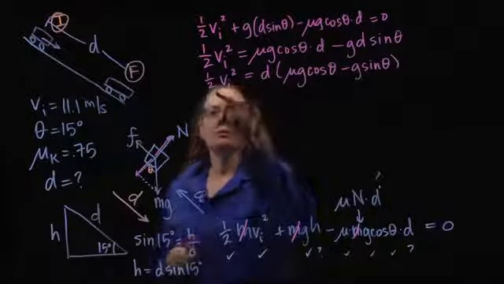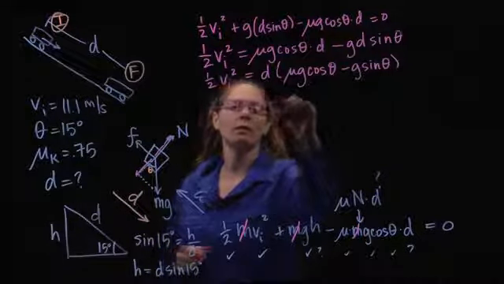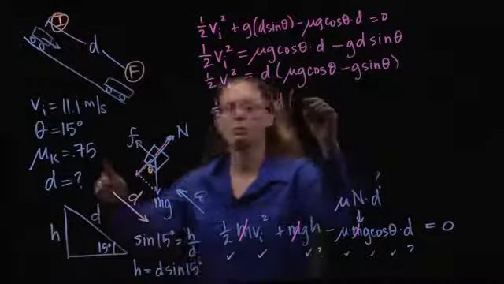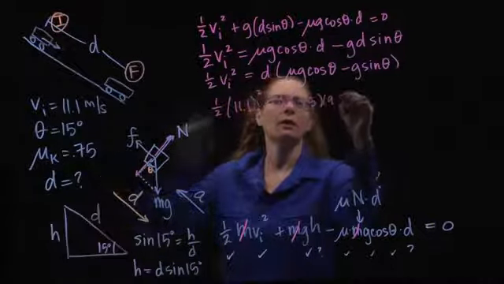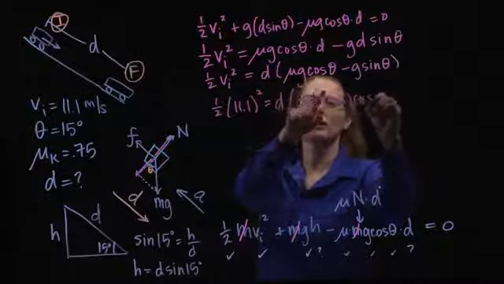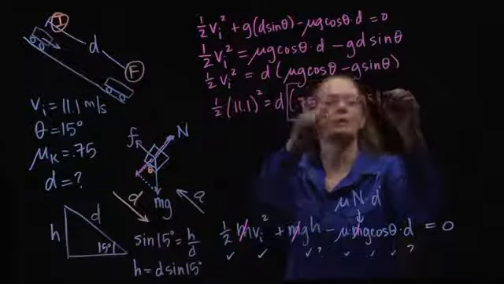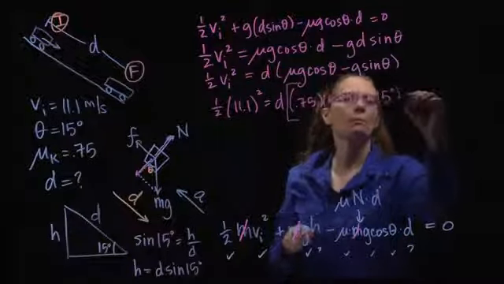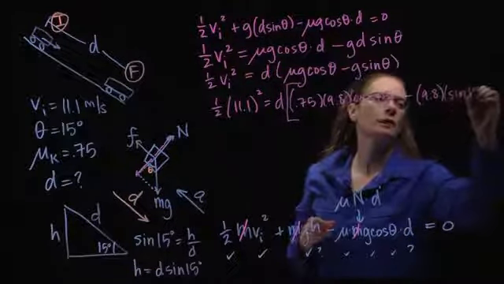Okay, numbers. 1/2 times 11.1 squared equals d times mu 0.75 times 9.8 times, this is a big parentheses, cosine of 15 minus 9.8 times the sine of 15.